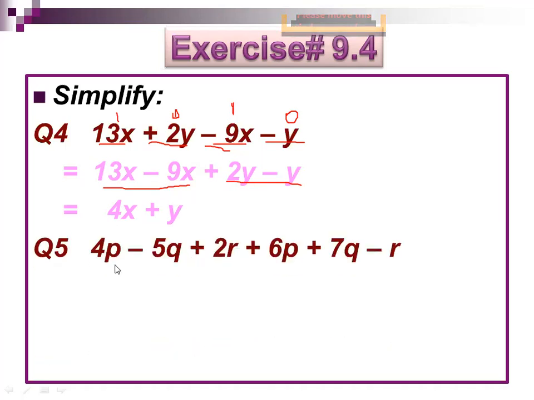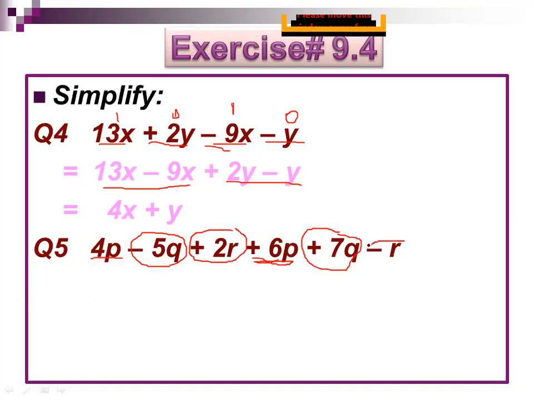Now consider this one. What you have here, number one, is 4p, and then plus 6p. Then you have minus 5q, and then you have plus 7q. These are the like terms. Then you have plus 2r, and then you have minus 2r.